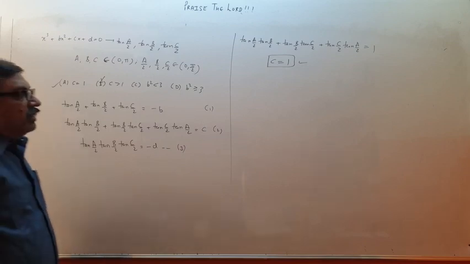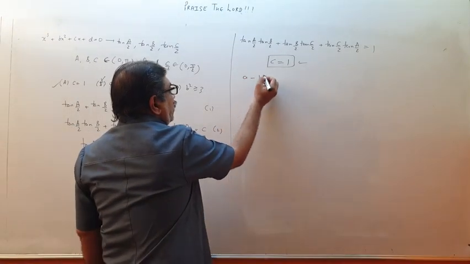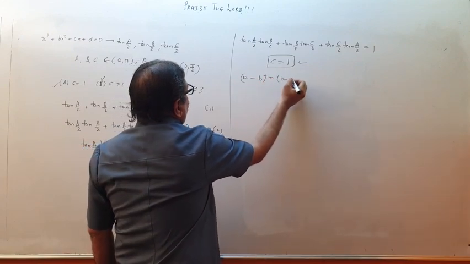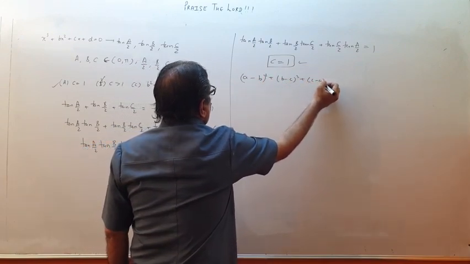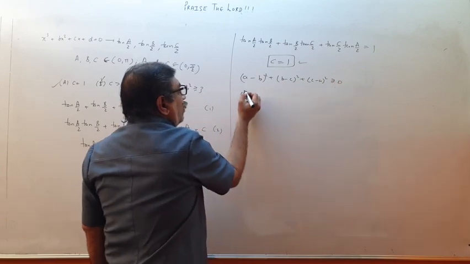Children, we know certain things, please understand. (a minus b) whole square plus (b minus c) whole square plus (c minus a) whole square is greater than or equal to 0.